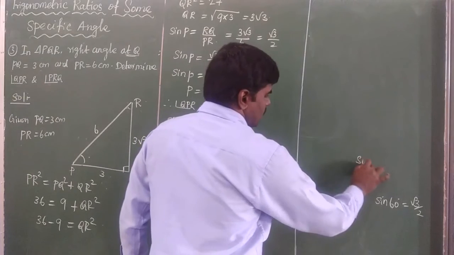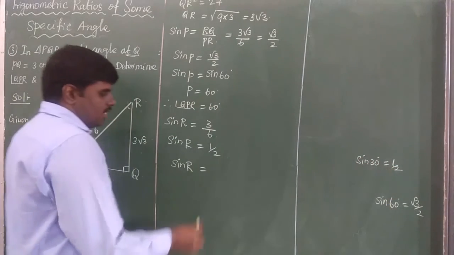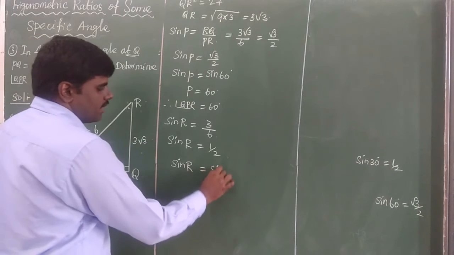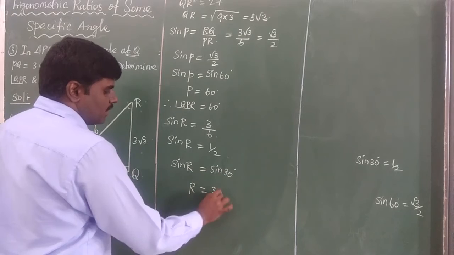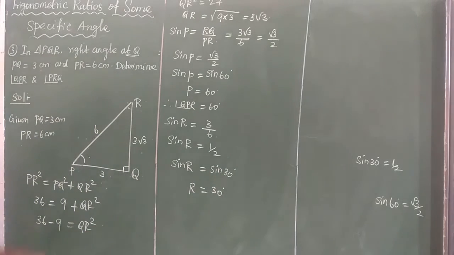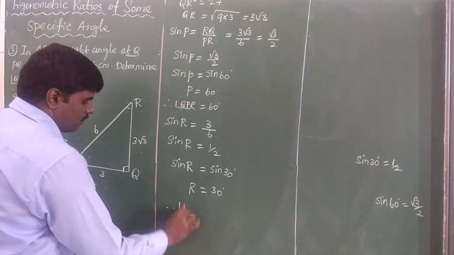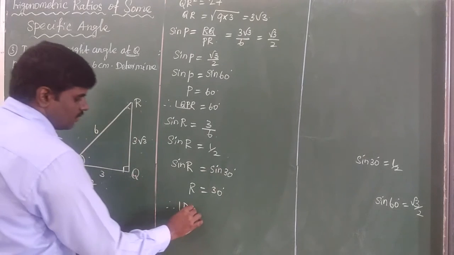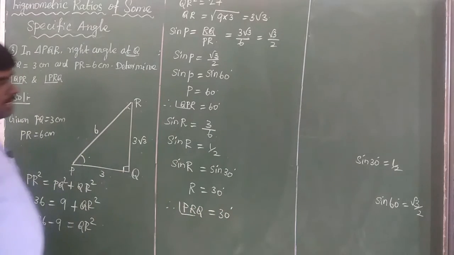Sin 30 degree. So sin R is equal to sin 30 degree. Therefore angle BRQ is equal to 30 degree.